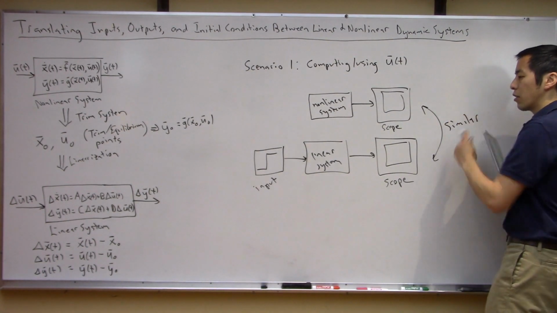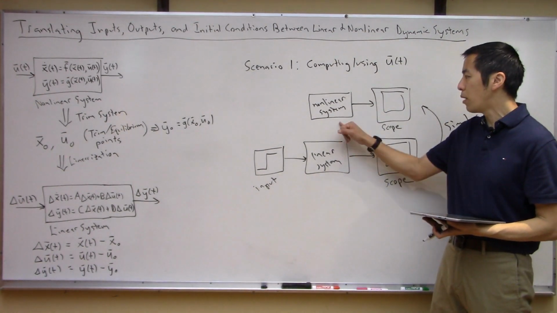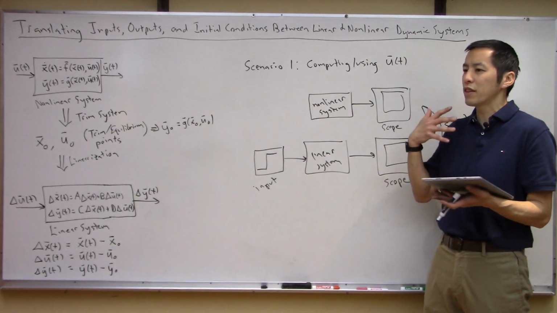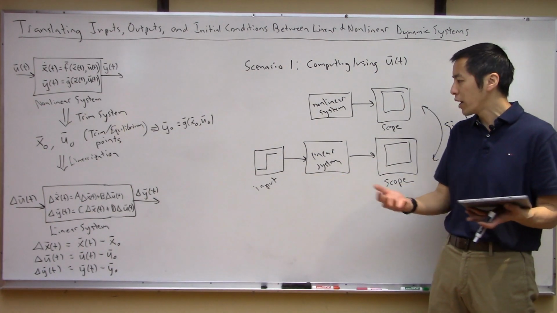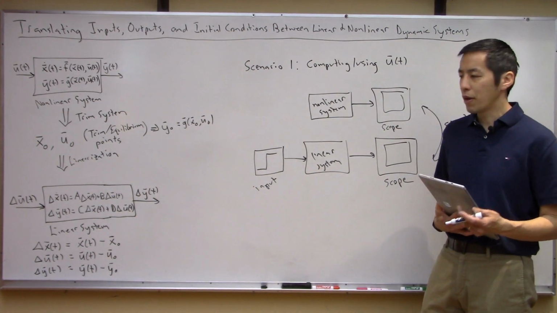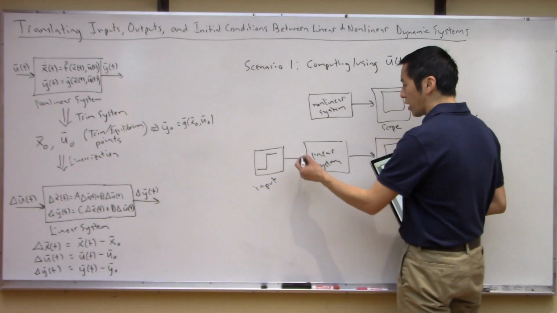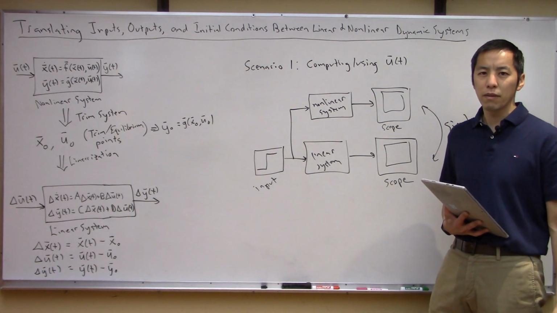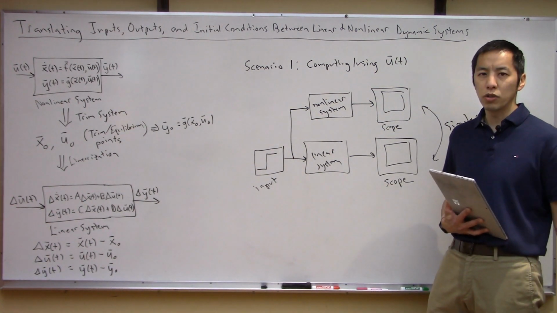If the linear system is a good model of the nonlinear system, you put in the same inputs, you hopefully get very close to the same outputs. So one thing you might be tempted to do is say, oh yeah, just put that in. I'm going to use the exact same signal into both of them and they should be the same.